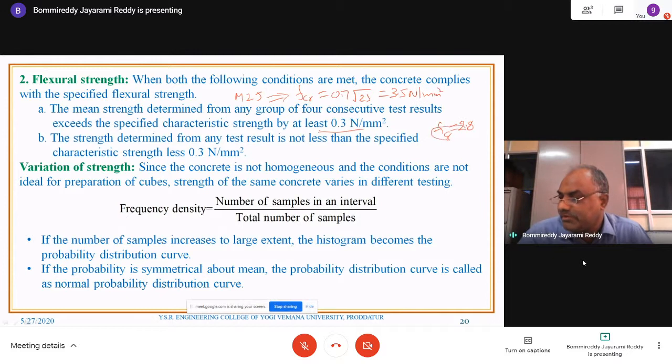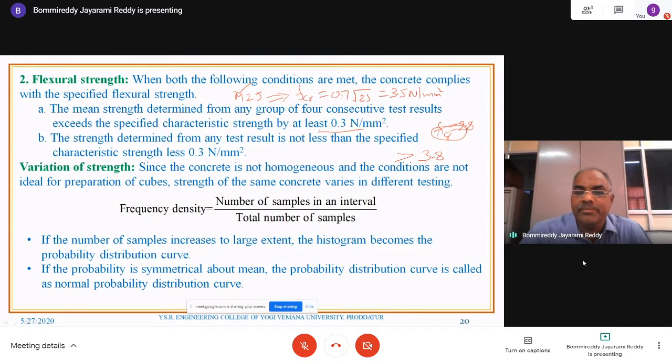Let us assume that it is 3.5 for M25. Now whether it is acceptable or not, for the structural members tested, the strength must be 3.5 plus 0.3. That means the members tested in the lab or field must be more than 3.8 Newton per mm square. Then only that is accepted for M25 flexural strength.